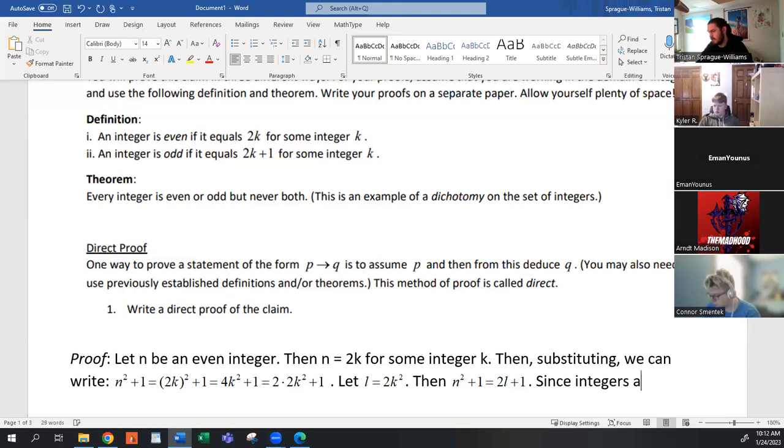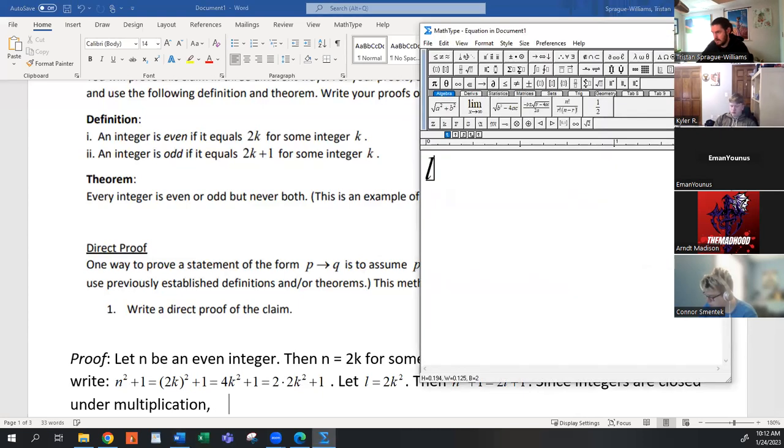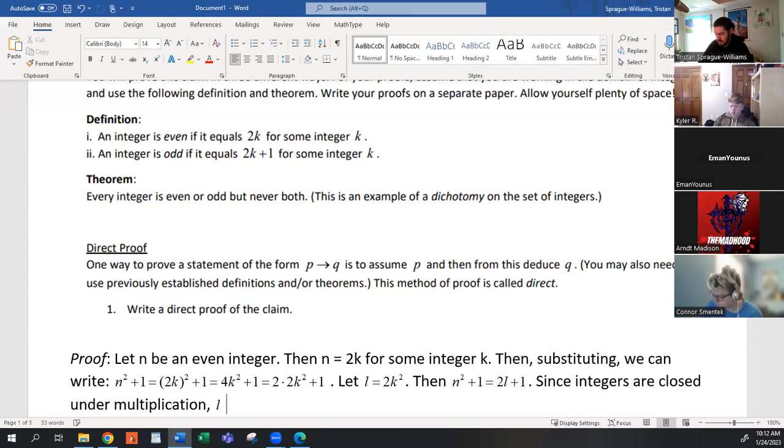Since integers are closed under multiplication, L is an integer. Okay, closed under multiplication means that if you combine integers together by multiplying them, the result is still an integer.